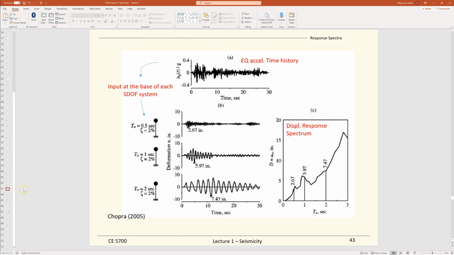This piece of information can be used as a filter to find out the frequency content and also the intensity of the ground motions loading. If you have this, it can help us find the ground motions we need. We'll come back to this when we talk about site response analysis.